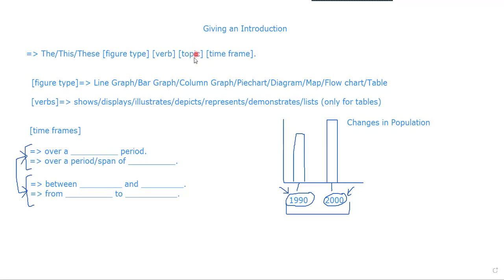Sir, can you repeat? Of course, please. Oh, you missed this part. Can you see the red dot? Yes, topic. Exactly. So what is the topic of this example?